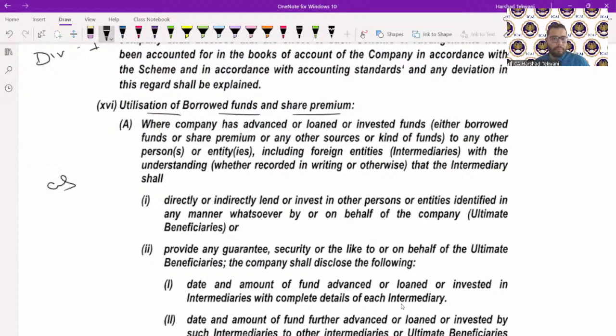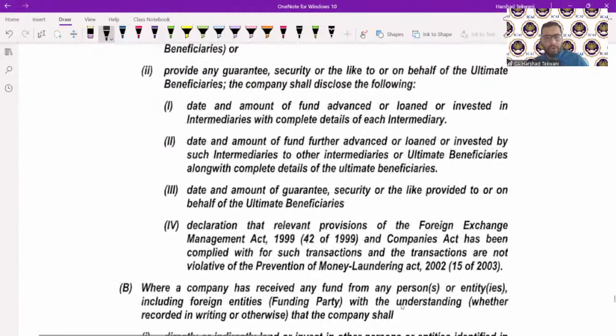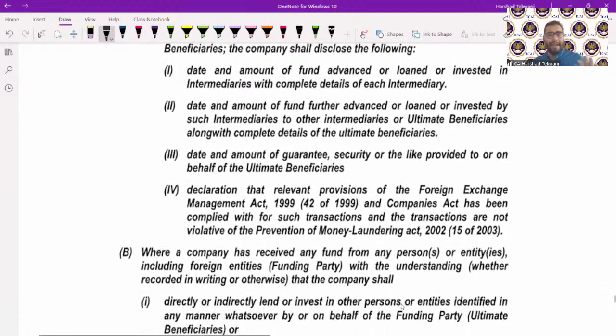Same as division 1 that we discussed. There is no change. Remember, we need to provide the details of loans given or invested in such other intermediaries, and guarantees, plus a declaration of FEMA, Companies Act, Prevention of Money Laundering Act.